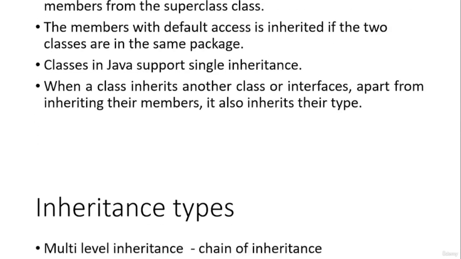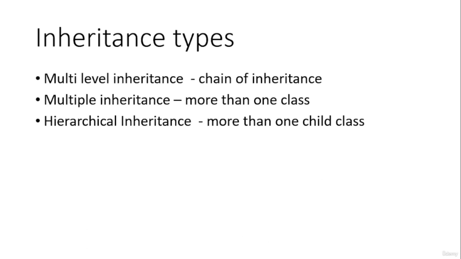Now let us discuss the types of inheritance in Java. There are three different types. Multi-level inheritance is when class B inherits from class A, and class C inherits from class B. That kind of multiple levels of inheritance is supported in Java.